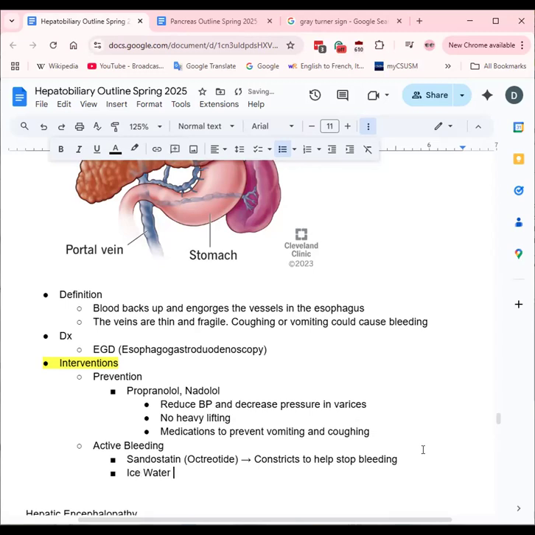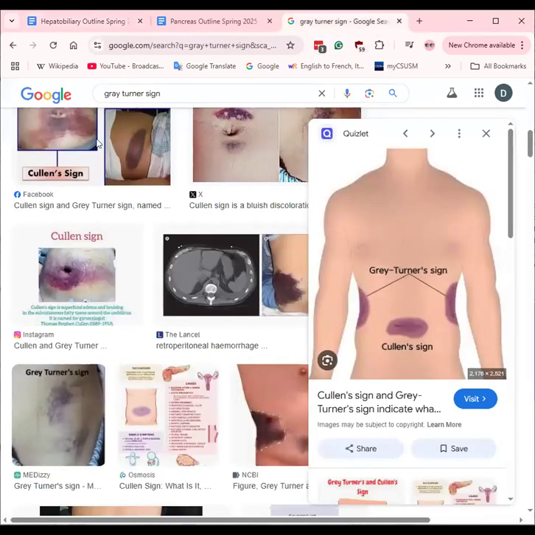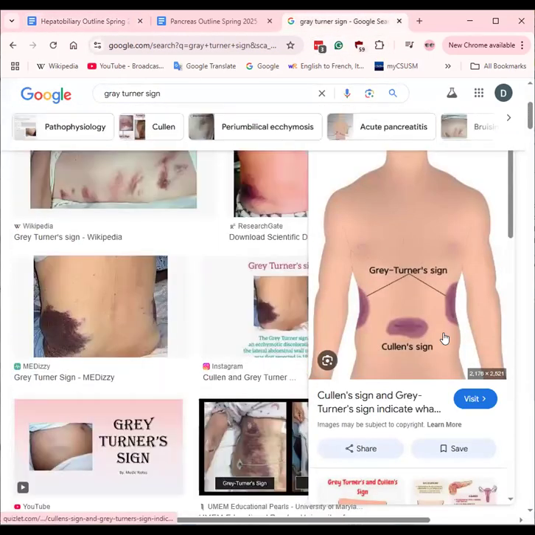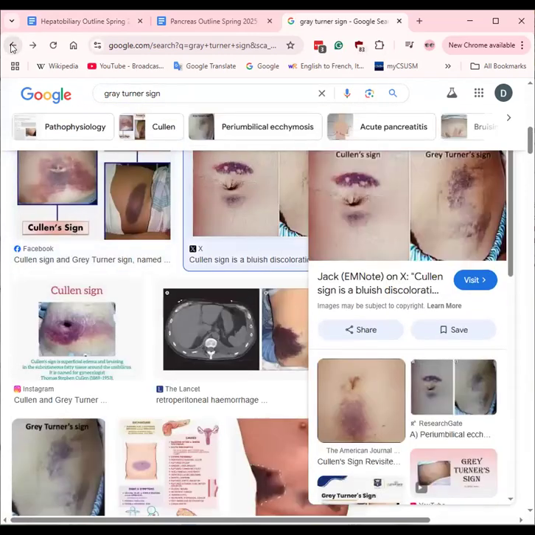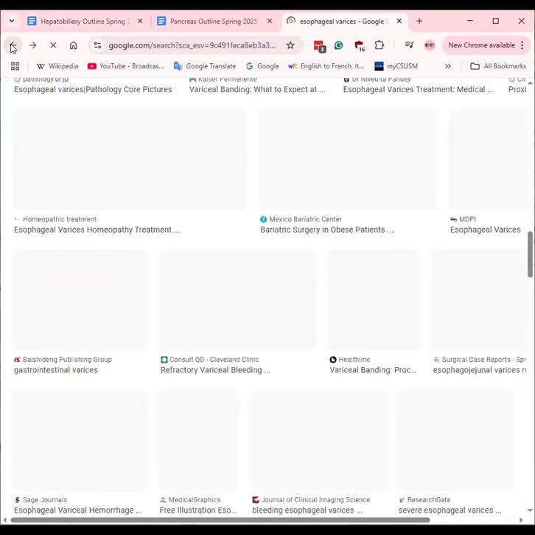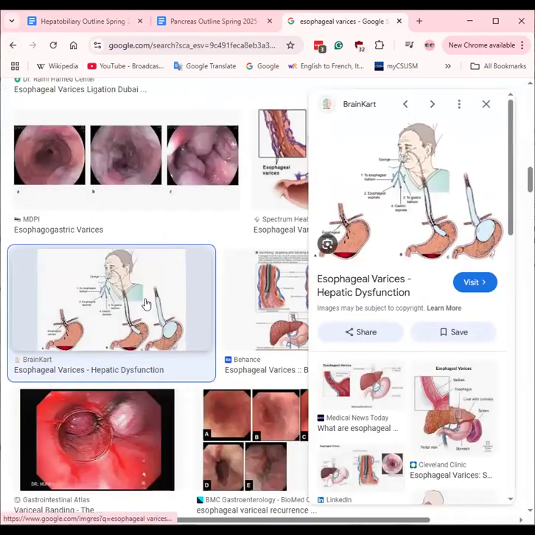We have the ice water, which is again constriction, because remember, cold constricts. We have a balloon tamponade, where you're placing something deep in there. When I looked up esophageal varices right here, you can see this balloon being placed and then expanded.